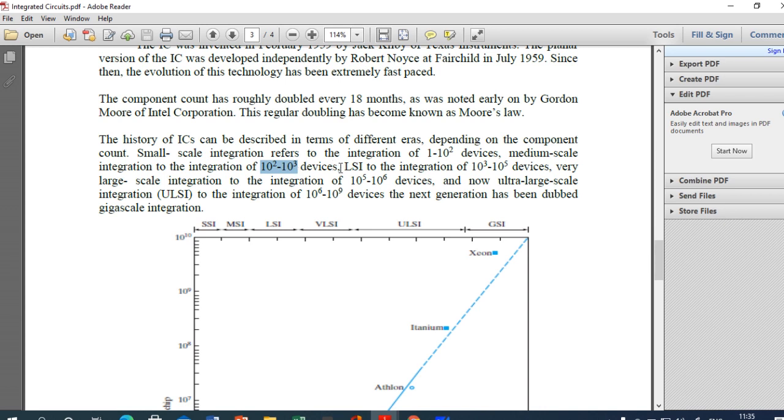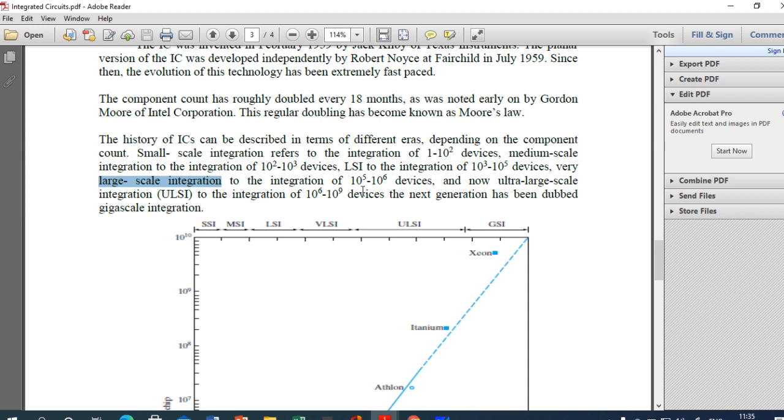Now the third is LSI, 10 raised to 3 to 5. LSI stands for large scale integration circuits. Here the number of transistors placed is from 1000 to 1 lakh. After LSI comes very large scale integration, VLSI.